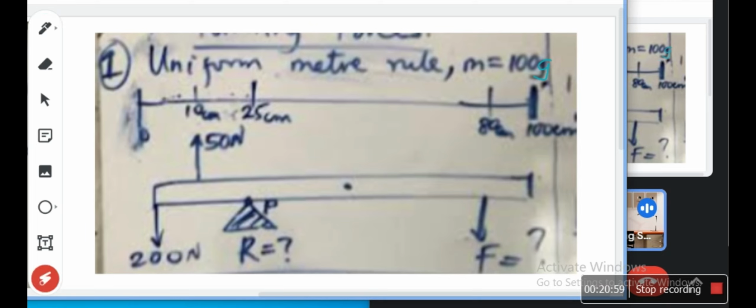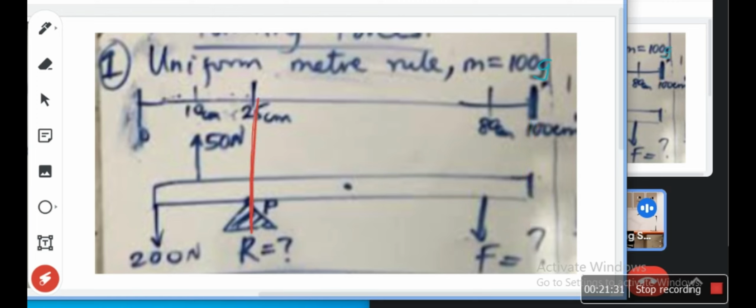A meter, as the name implies, what's the length? 1 meter, which is 100 centimeters, isn't it? I need you to look at this so that you see where I'm pointing. The whole length is 100 centimeters from one end to the other.